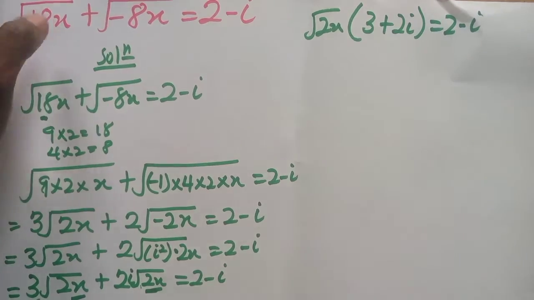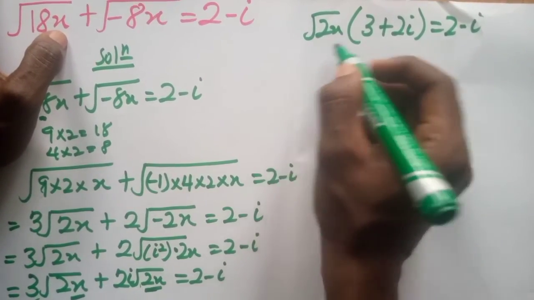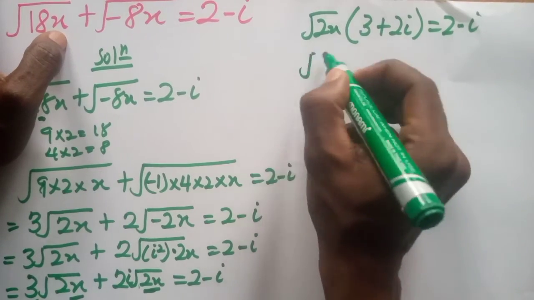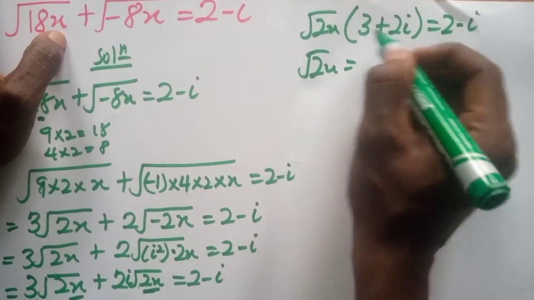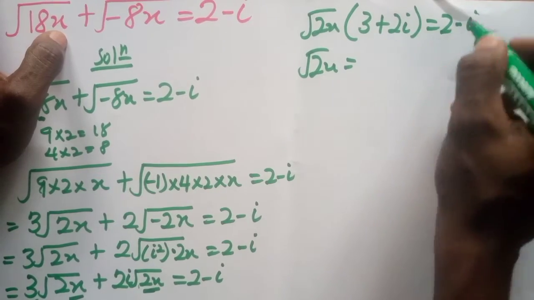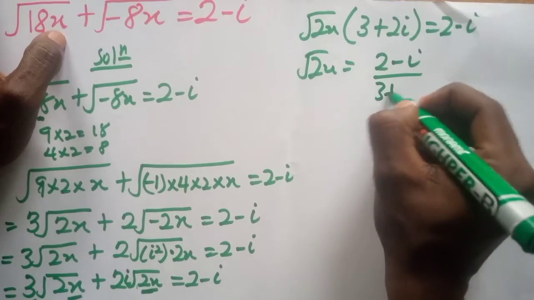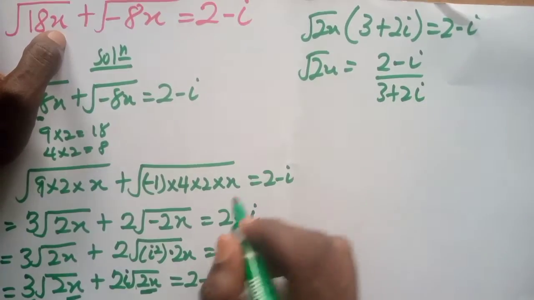Realize that we've gotten a very simple equation, and we can make root 2x the subject. You divide both sides by 3 plus 2i, so this becomes 2 minus i divided by 3 plus 2i.